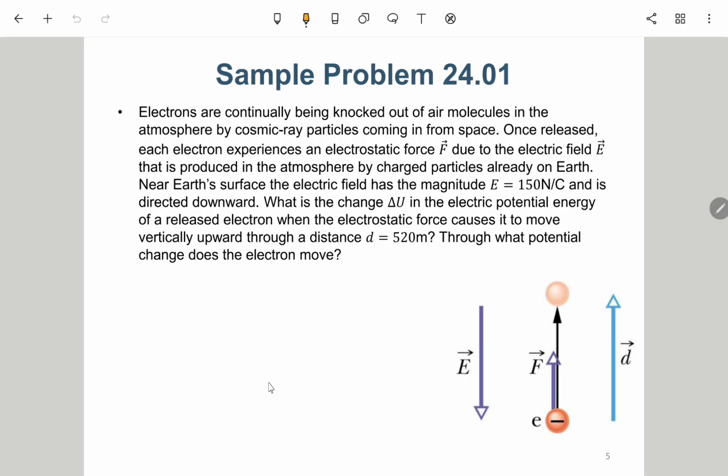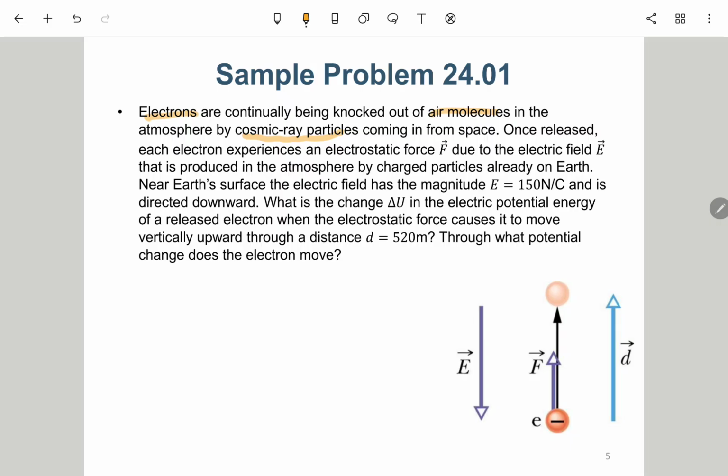So here it says electrons are continually being knocked out of air molecules in the atmosphere by cosmic ray particles coming in from space. So air molecules in the atmosphere get their electrons ionized by the cosmic rays.